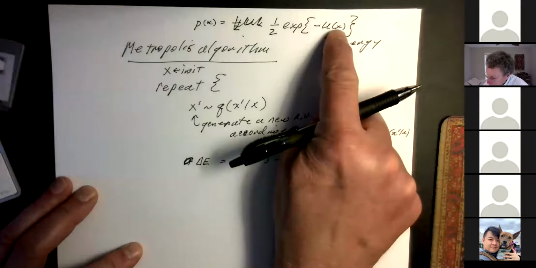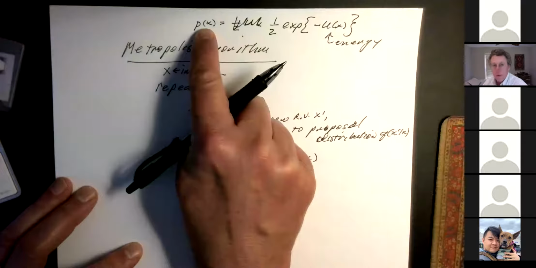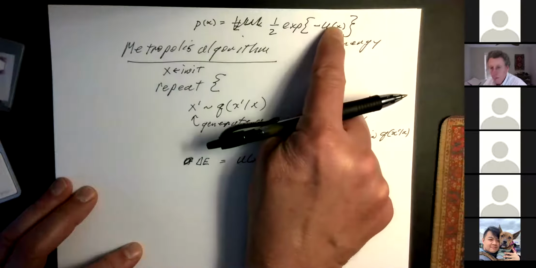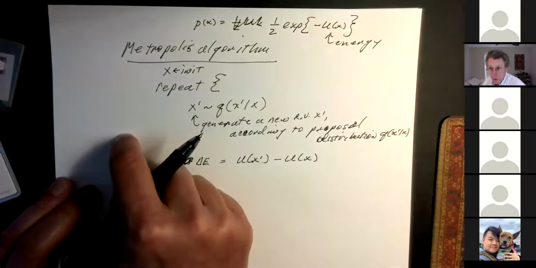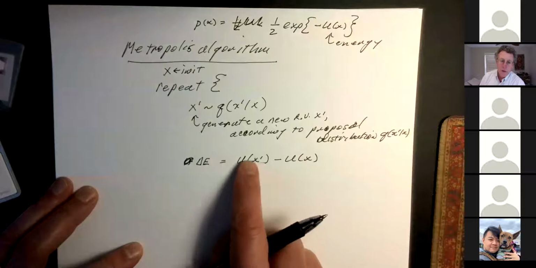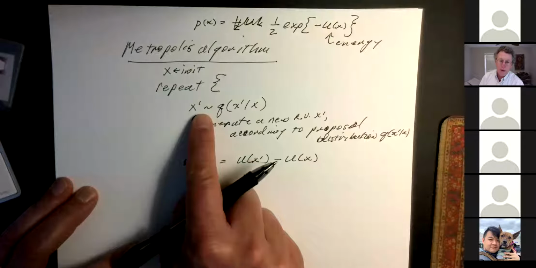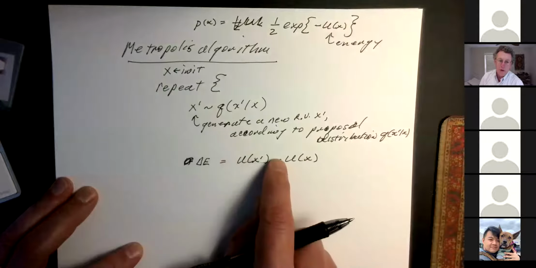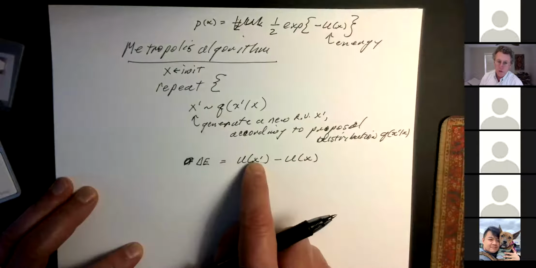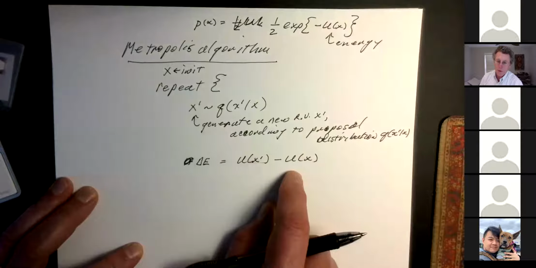Now, if the energy goes up, that means the probability has to get lower, right? Because e to a negative number becomes smaller. So if the energy goes up, the probability of the new proposed state has got to be lower than the probability of the old state.